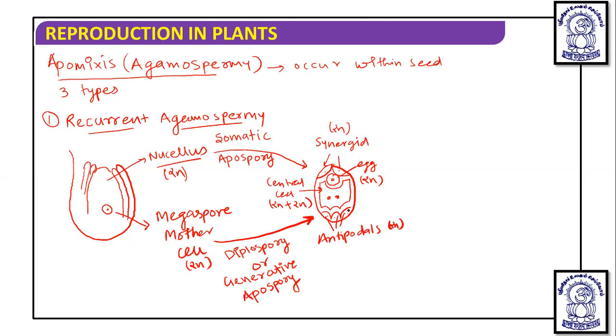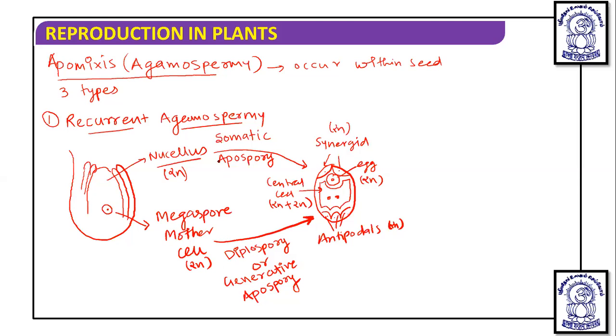So these two can be defined as: formation of a diploid embryo sac from the diploid nucellus is known as somatic apospory, whereas generative apospory or diplospory is formation of a diploid embryo sac from the diploid megaspore mother cell.